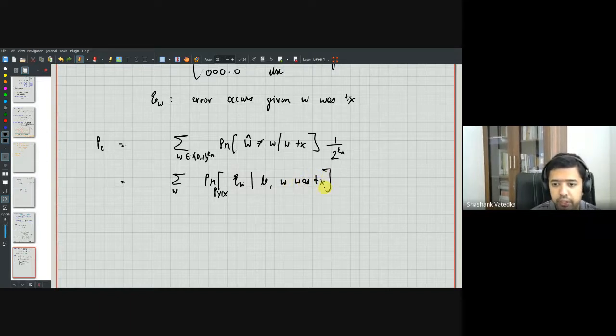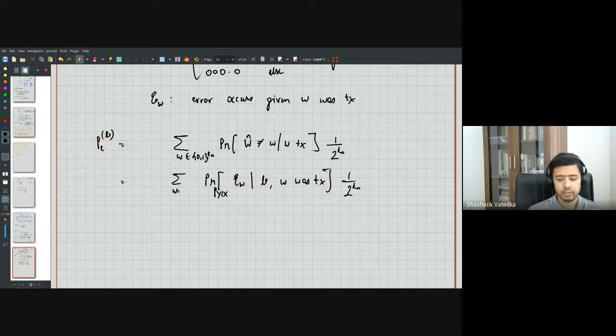The probability that a particular message w was transmitted is 1 over 2 to the kn, because we're assuming that all messages are equally likely. So this is the probability of error for a particular code book.